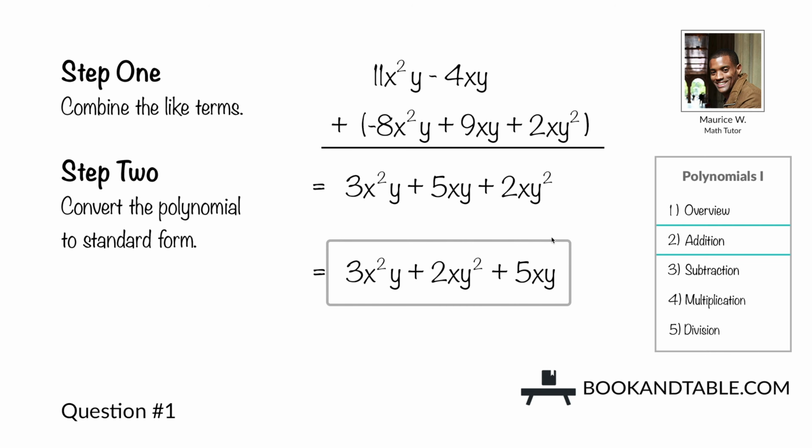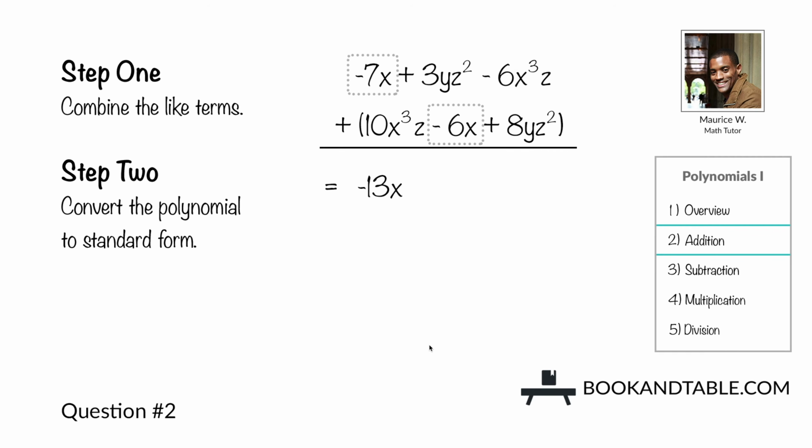Question number 2, we wanted to add negative 7x plus 3yz squared minus 6x cubed z plus 10x cubed z minus 6x plus 8yz squared. We'll go to the first term of the first polynomial and combine that to any other like terms, which would be negative 6x.